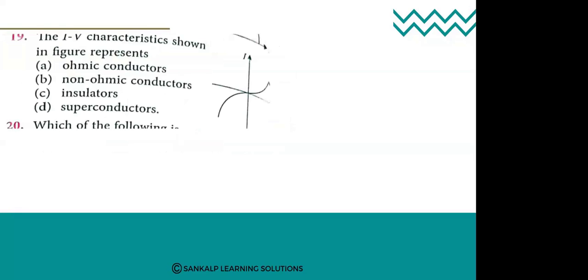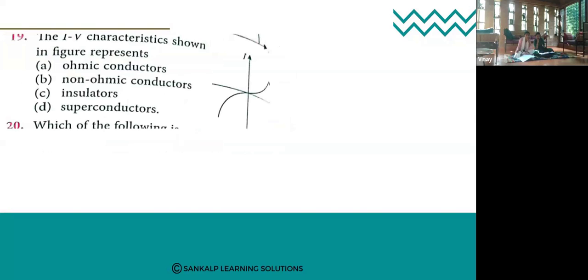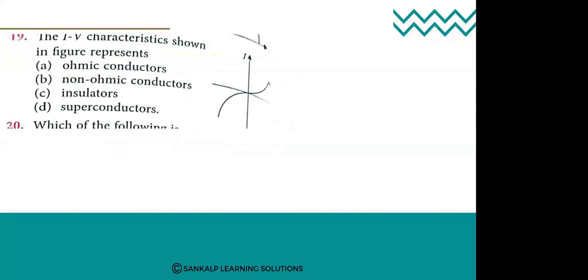Next question. The IV characteristics shown in the figure represent. Whatever graph you are observing in the figure, that is current versus voltage. So whatever the graph is, it is for which device? Whether it is for ohmic conductors, non-ohmic conductors, insulators, or superconductors.